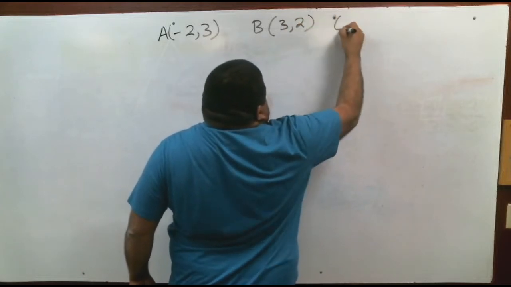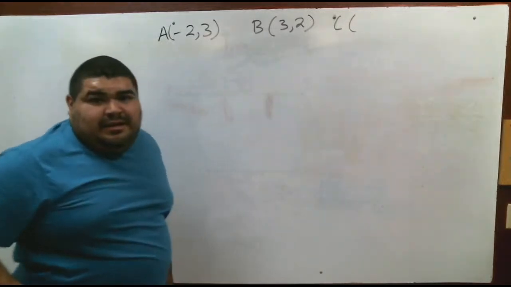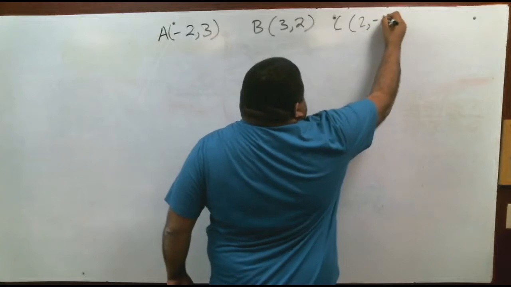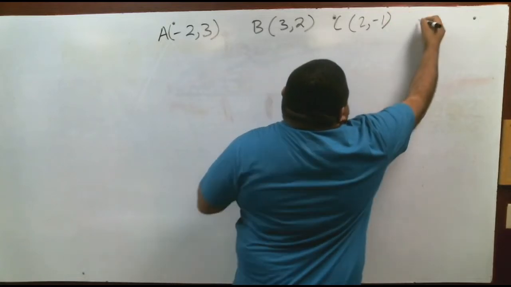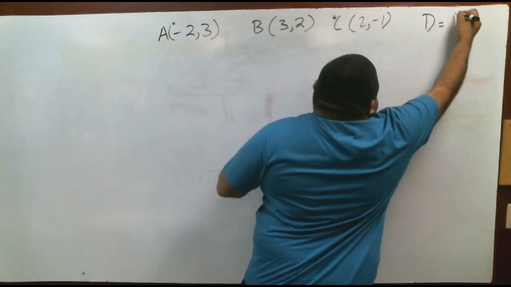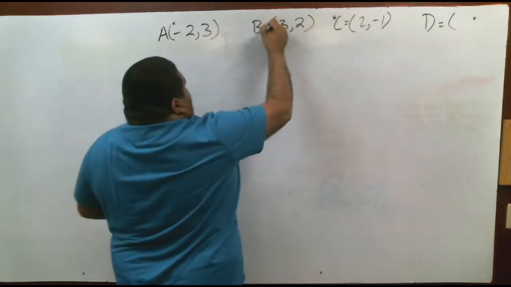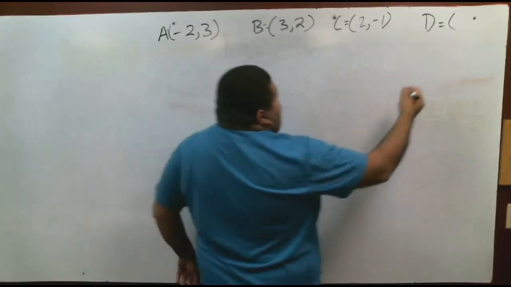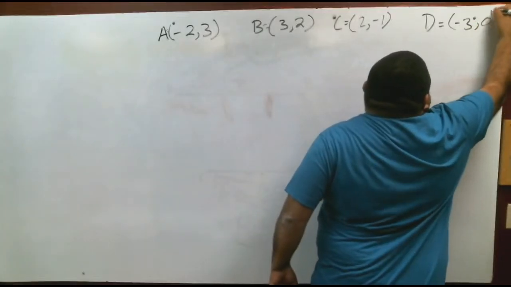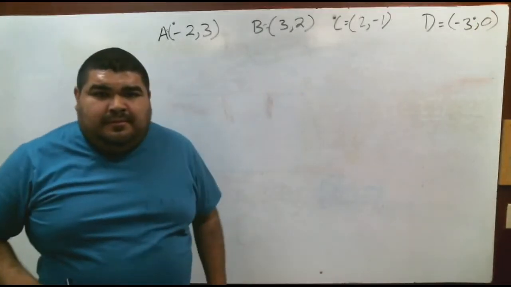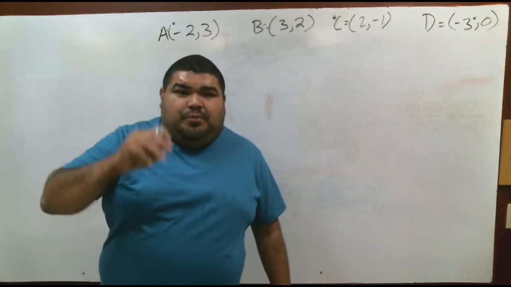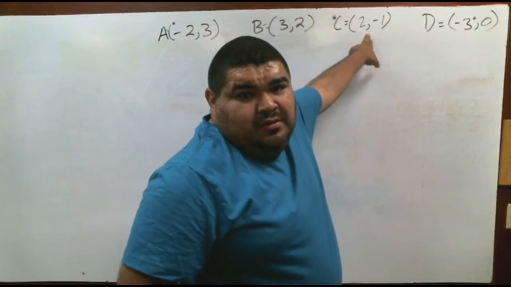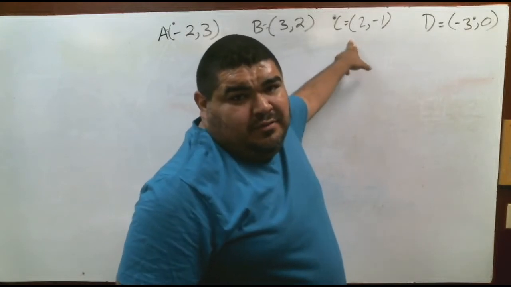Point C is located at 2, -1. And then finally, point D is located at -3 and 0. Okay, so those are our 4 points. If you can't really see this, this is 2, -1 for point C.